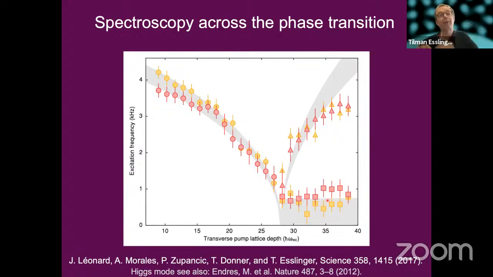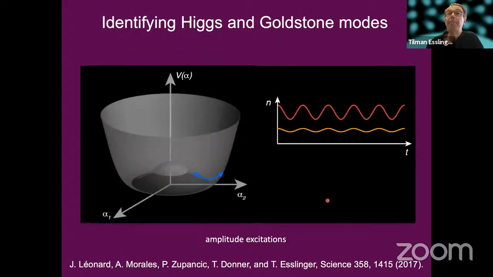And the nice thing of our experiment is that we can directly read that out of our photon data. Okay, so for the Higgs mode, you would expect that both fields, or both photon numbers, are modulated in time in phase. So that gives you a total change in the field strength.